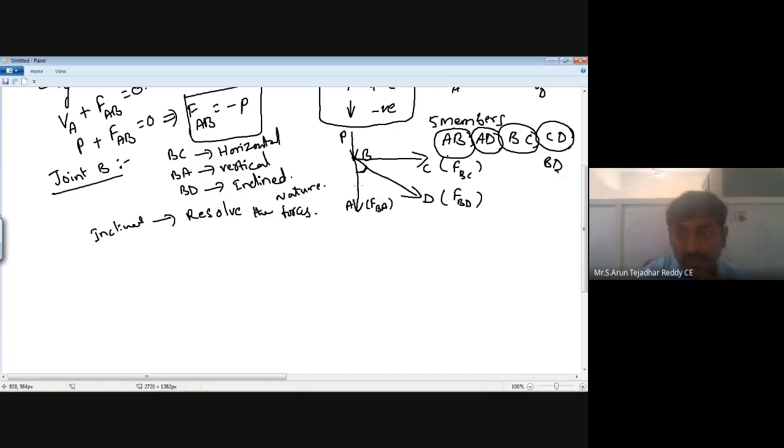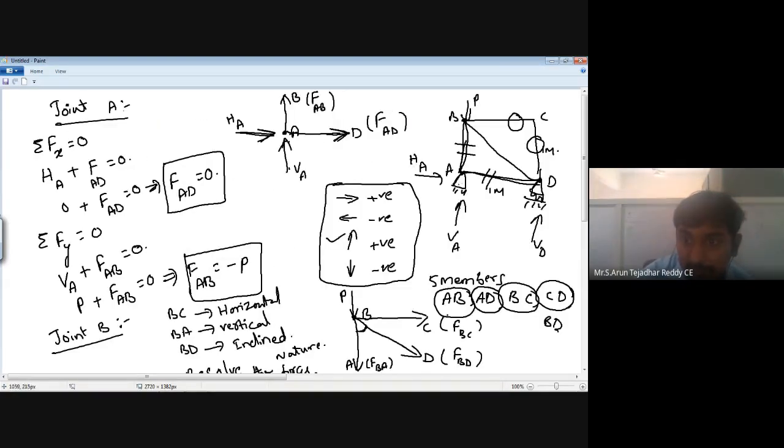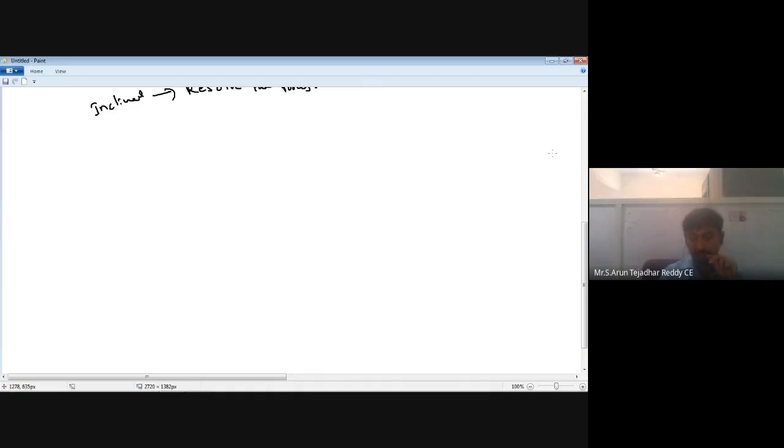First observe your diagram. See, your base is 1 meter and height is 1 meter. From a mathematical point of view, if base and height are the same, then apply tan inverse of 1 meter by 1 meter.